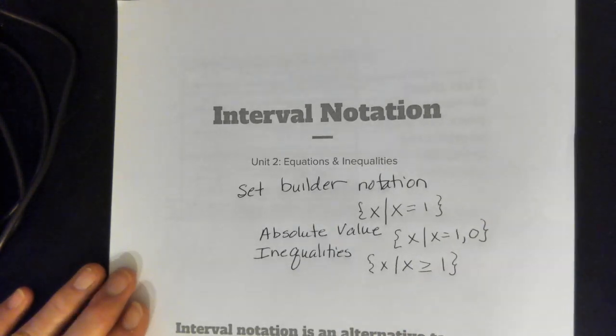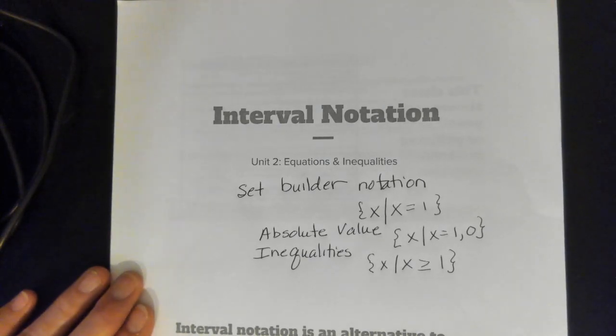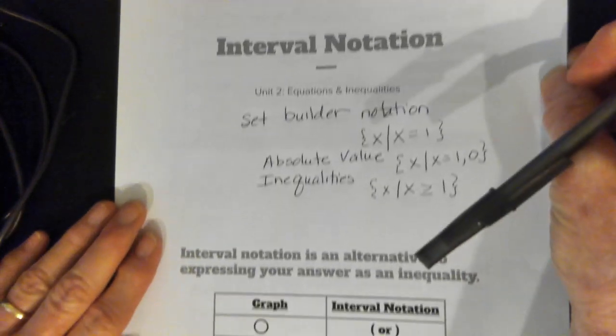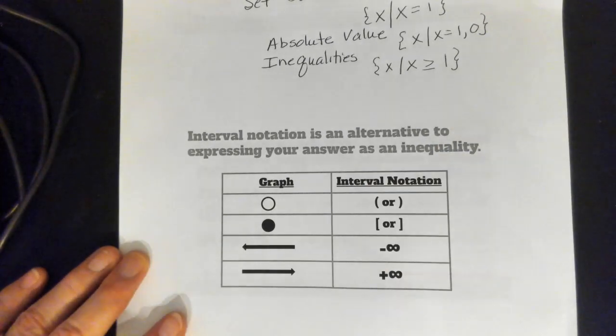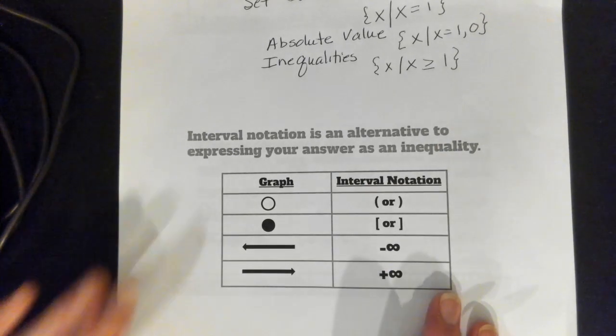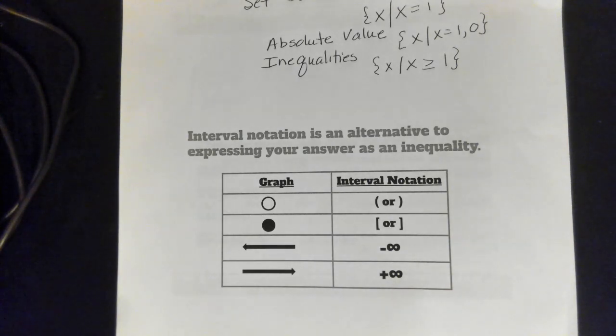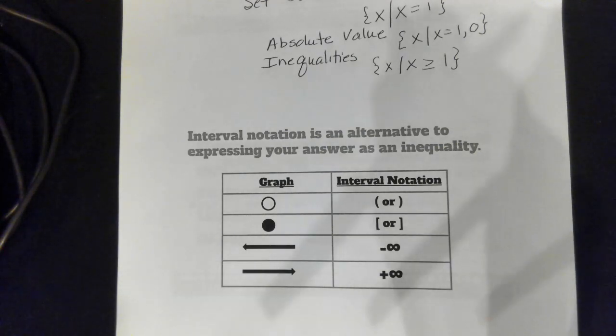Or we're going to learn something called interval notation. With interval notation, it's a way that you'll learn so you don't have to write an inequality. And what you'll find is a lot of upper level math classes use it all the time.